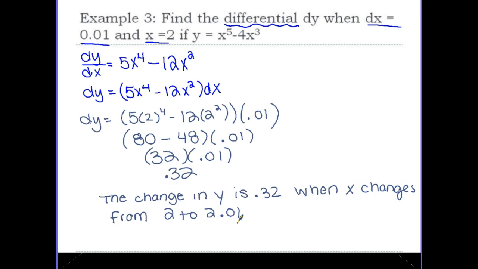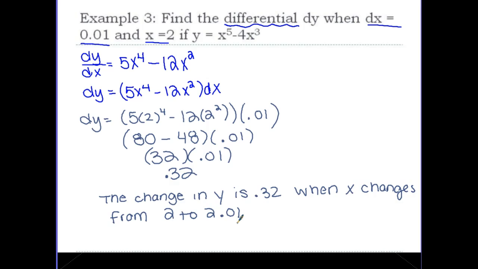So my x value is going from 2 to 2.01, so my y value is increasing, because this is positive, by 0.32. You were there, but I just wanted you to understand it goes from 2 to 2.01, not just repeat the differential aspect.